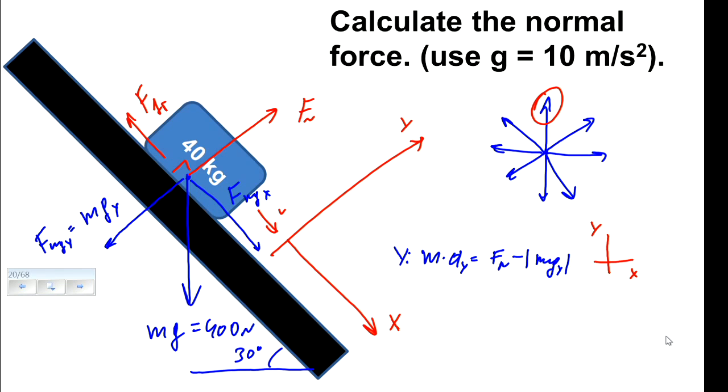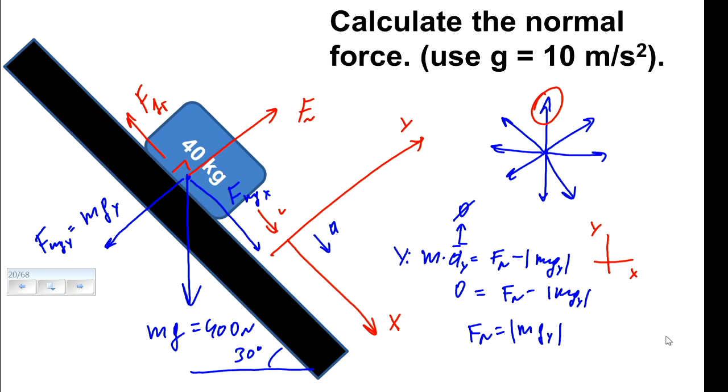Because normal points in the positive y direction of our choice, and mg points in the opposite. And even if we had acceleration, this component would be equal to 0 because of our convenient choice. But if it would have been at rest, the acceleration would be 0 anyway. So this is 0, normal minus mgy. And turns out, in this particular situation, that's how we should calculate the normal force.